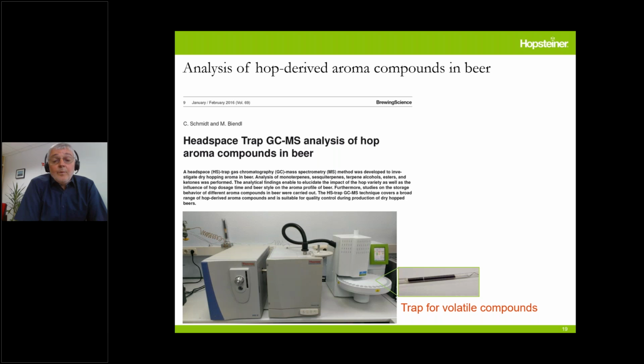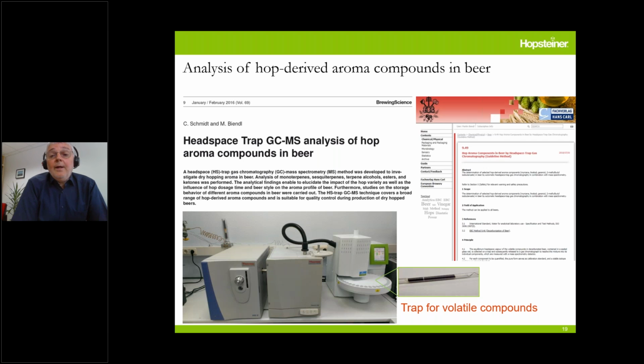And the special feature is that we have a trap for the volatile compounds between the sample and the GC. And this method was successfully tested in the EBC Analysis Committee already and is recommended since a year or so in the EBC Analytica as method 9.49.